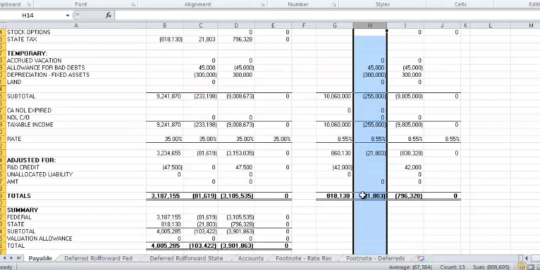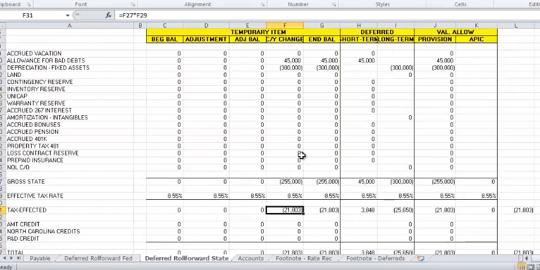It's the same information, right? So I'm telling you in this column, this is how I'd expect the deferreds to move. And if that's how they're going to move, when I go to the roll forward, I would expect them to move that way. Okay, so that 21, it's not a coincidence that that's the same thing. So all this schedule does is take my beginning of the year deferreds, take the change, which I just told you was that middle column in the payable schedule, and roll it forward to get to my end of the year.